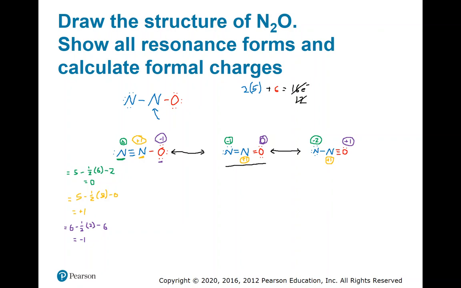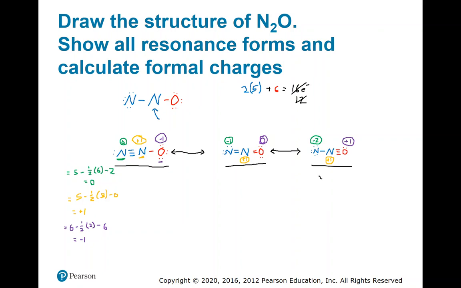And if we look at the resonance form here on the right, this not only has all non-zero formal charges, which is bad, but we also have a positive formal charge on the most electronegative atom and a -2 formal charge on a less electronegative atom. So there's all kinds of indications here that this is probably not the best resonance form in terms of representing this molecule.